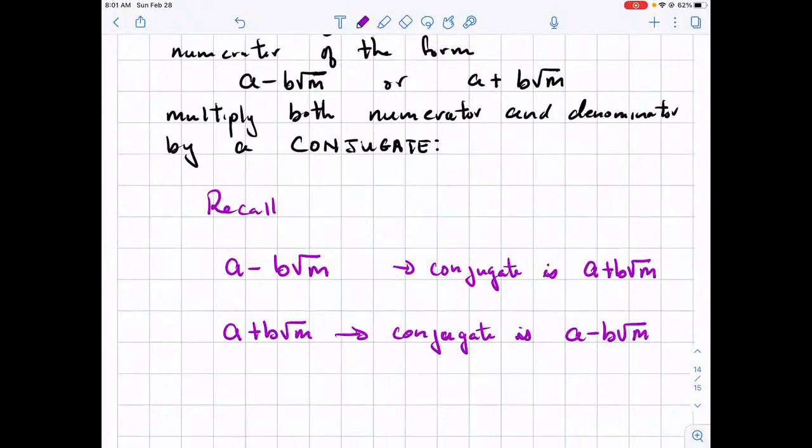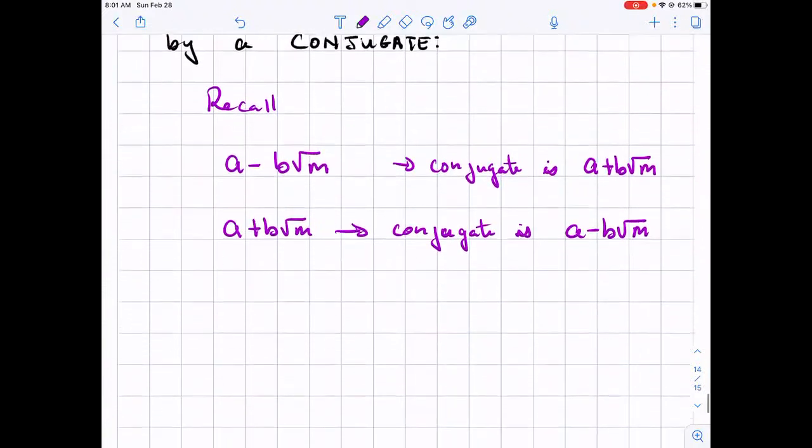And keep in mind, if the square root is by itself, if we have square root of m, its conjugate is square root of m. So when m is by itself, keep in mind here, m has to be positive, right? m has to be some positive number.